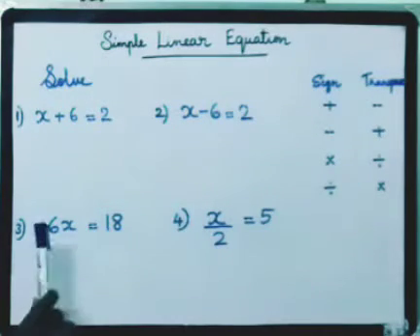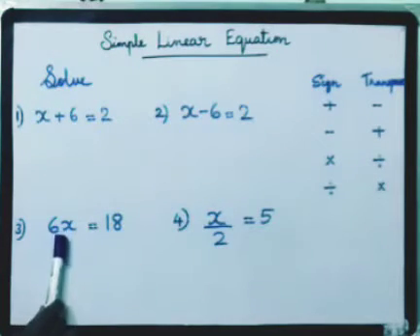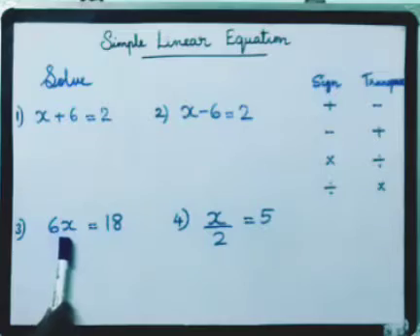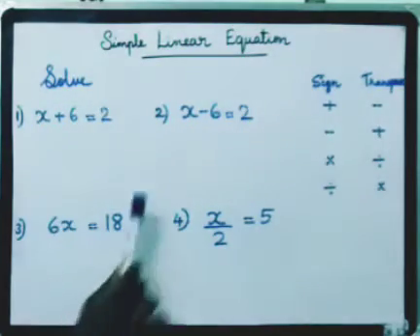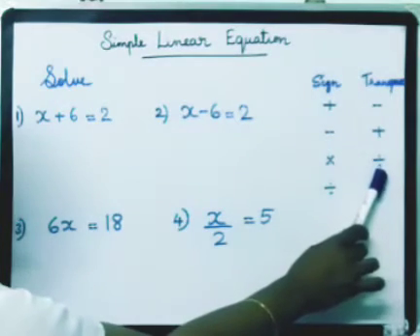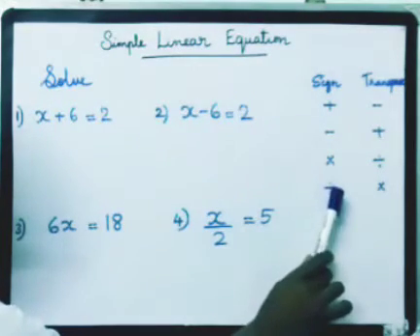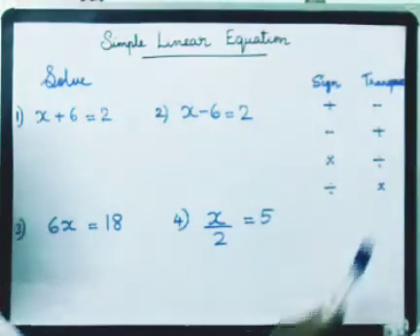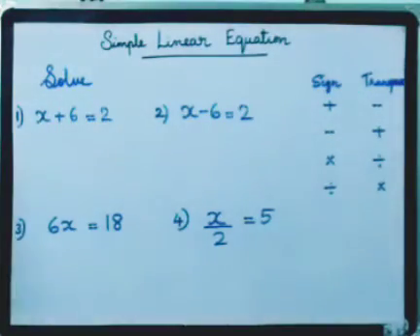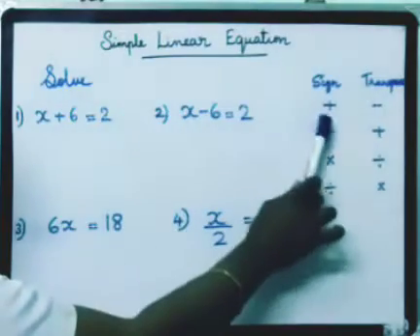Then, look at the third question. It is a multiplication question. So, if a question contains a multiplication sign, when you transpose it to the other side, you must do division. Now, if the question is a division, when you transpose it to the other side, it becomes multiplication. So keep these 4 points in your mind.